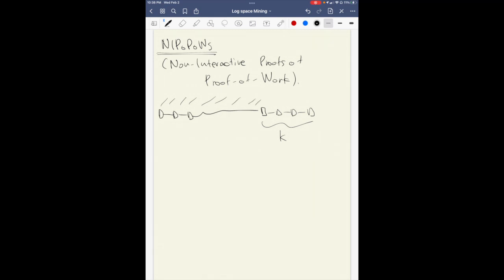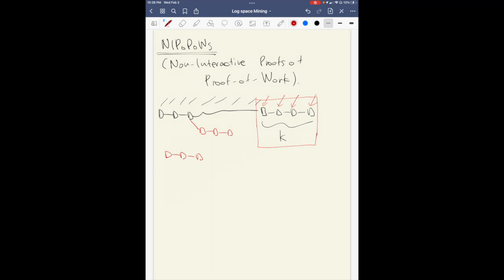The simplest thing you could do is ask a prover to just hand you over these last k blocks. But that's not sufficient because they could lie to you. They could just say, these are the k blocks that are most recent, they have nice timestamps, they're all recent and so on. But they could have been older. They could be a fork on the blockchain that is malicious, or even blocks that don't go back to Genesis. That could be problematic.